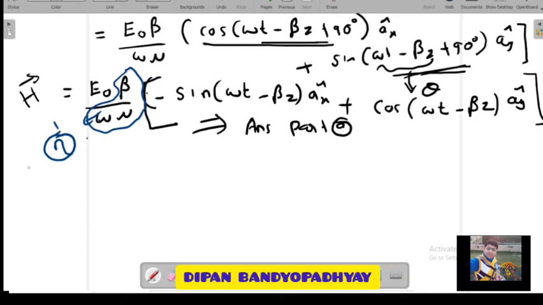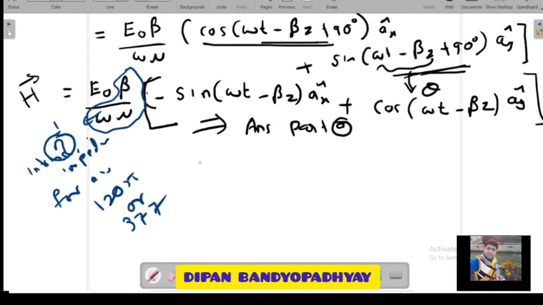Eta is the intrinsic impedance, and for air the value is 120 pi or 377. Later we will see this. Beta is basically the phase constant. We will see how this beta comes in the next modules. Okay, so this is what we have.